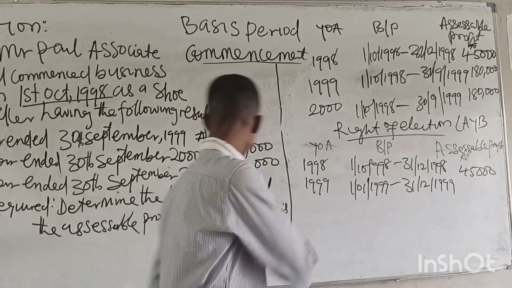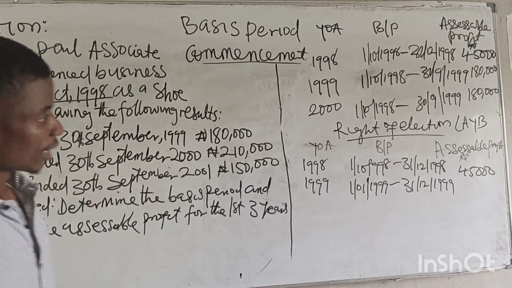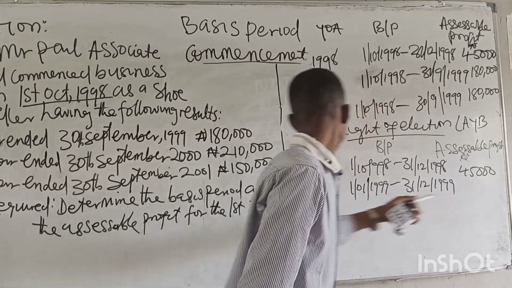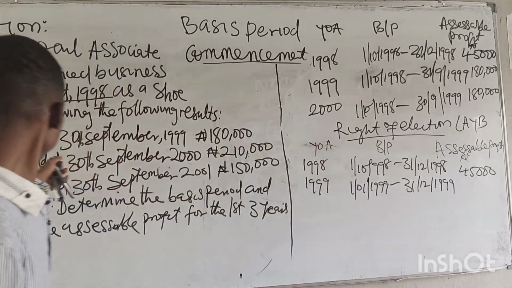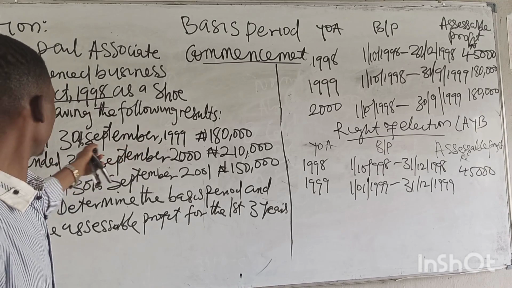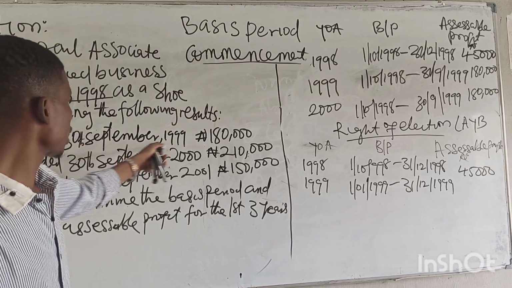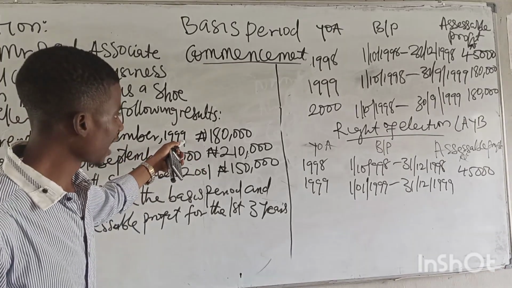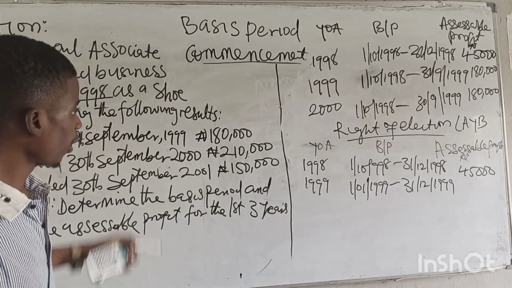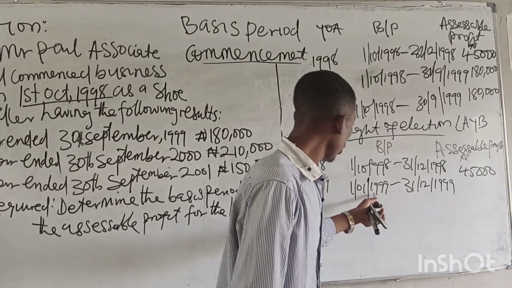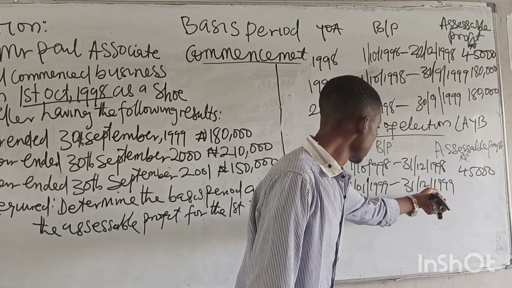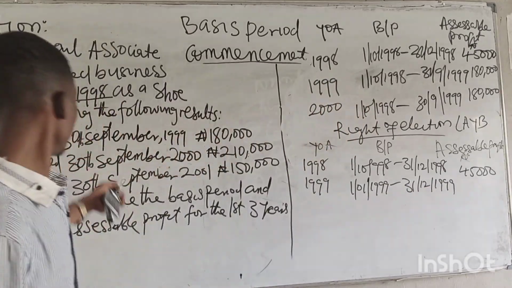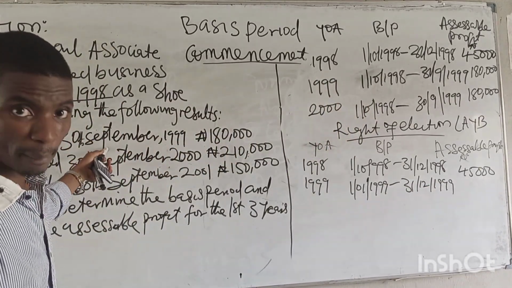And when we come over to the question, this place ended in 1999. We can see that in our question here, the year end was September 1999. But in our own, we have our own run from 1st January to December. But the question stops at 30th September.